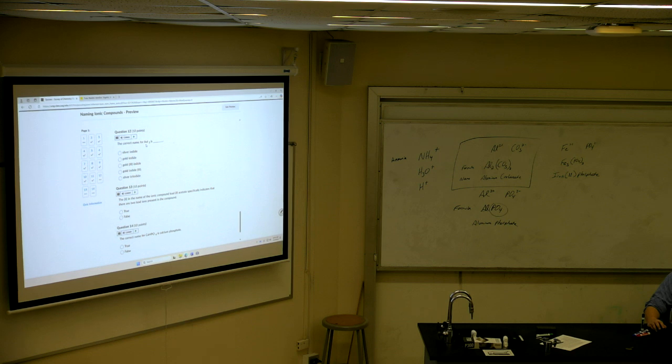AU is gold. So if they give you this as the formula, and gold is down in those variable charge ones, so you want to use a parentheses. What's the charge on gold here? If there's 3 iodides, what's the charge on iodine when it's a halide?